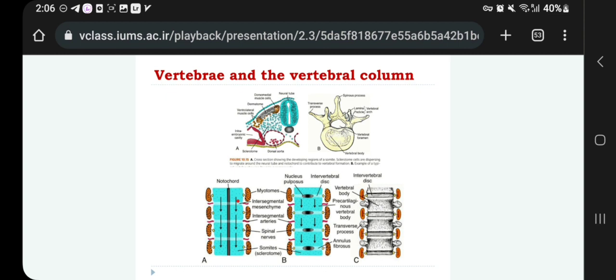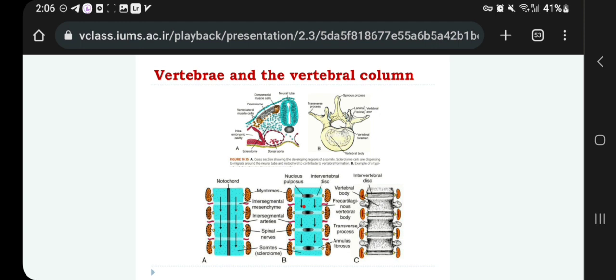It causes the distal part, or the caudal part, of the segment to fuse to the cranial part of the next segment. And we call this process resegmentation, and you can see the resegmentation here.